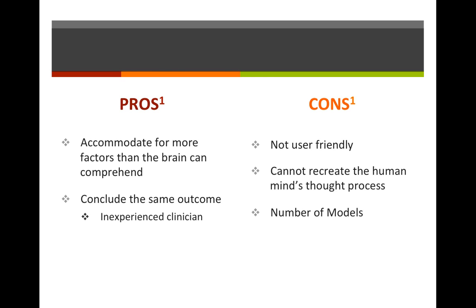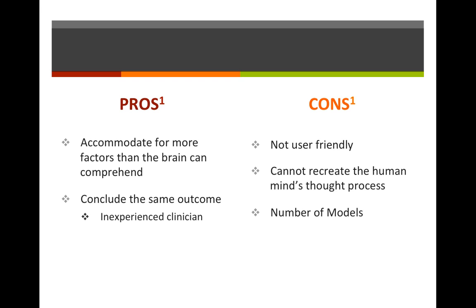It also could be that they aren't able to comprehend it. They aren't able to put the puzzle pieces together in just the right way to get the appropriate outcome. But on the other hand, the cons, a lot of times these models aren't user-friendly because they tend to be on the complicated side.